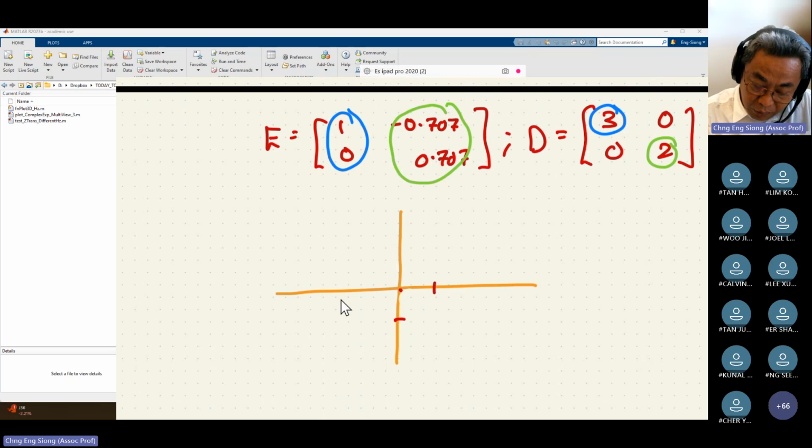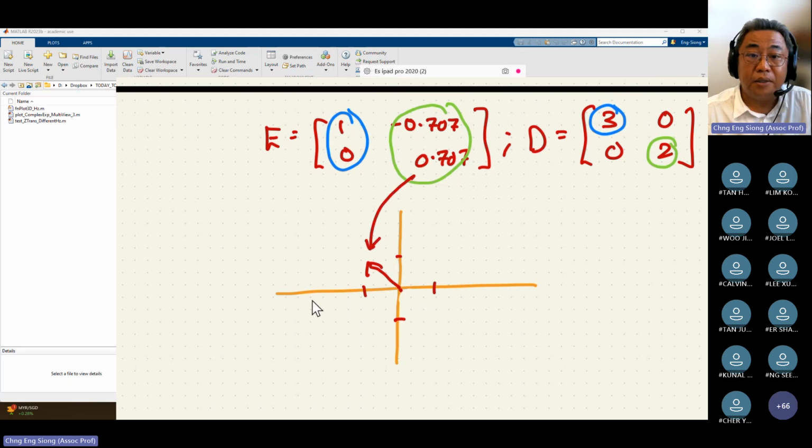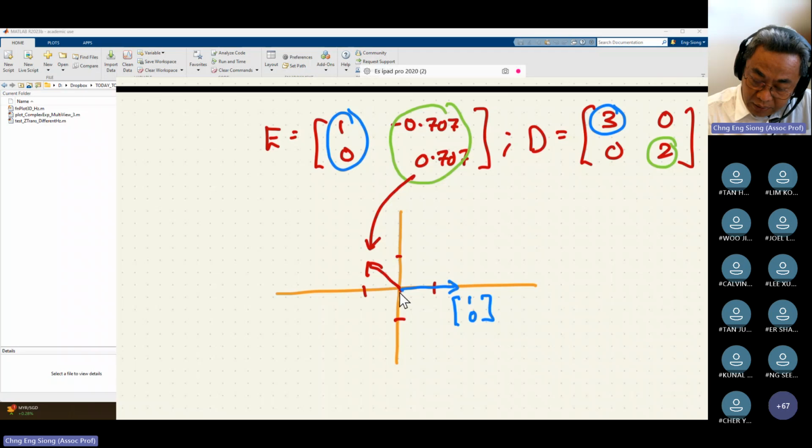I should be going left first, and then up. So he's this vector. Who is 1, 0? Let me draw in blue. This is 1, 0. So isn't this blue and this red exactly the same as what he was drawing just now?